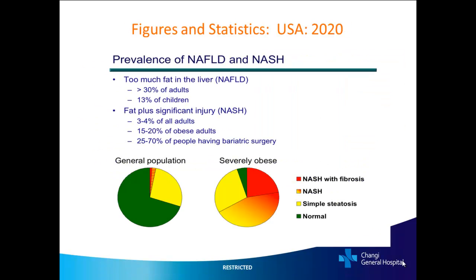If we were to look at the prevalence of NAFL and NASH itself and correlate with obesity, you appreciate that this happens much more so in the severely obese population compared to the general population.